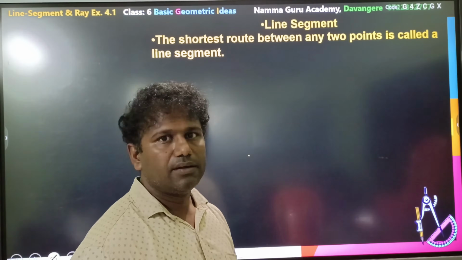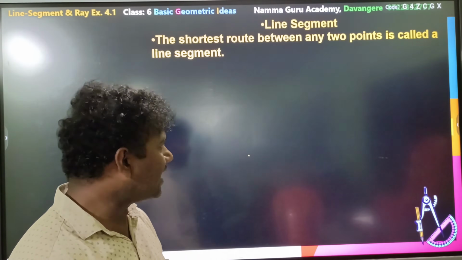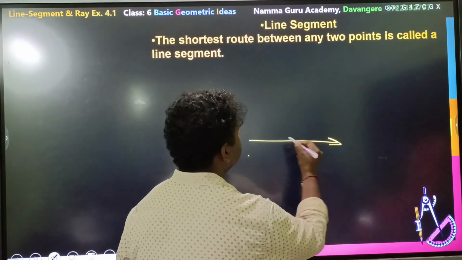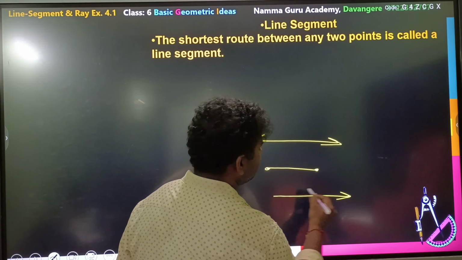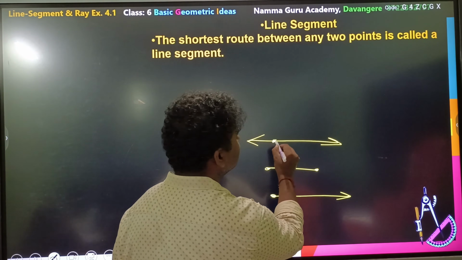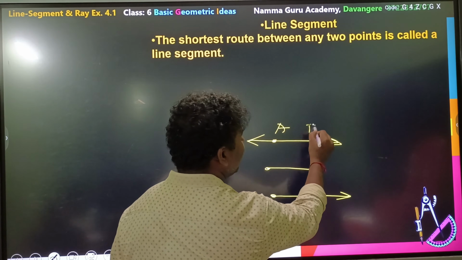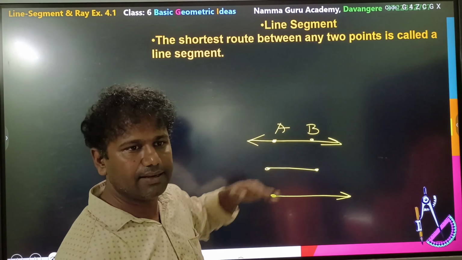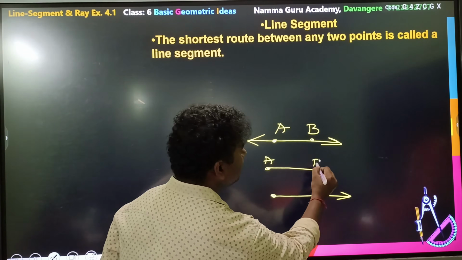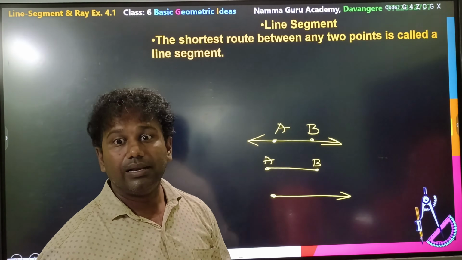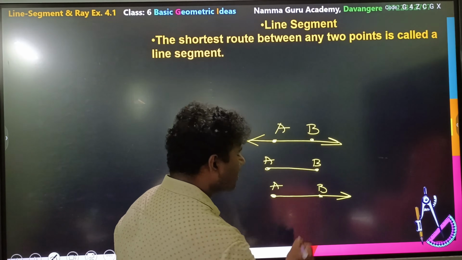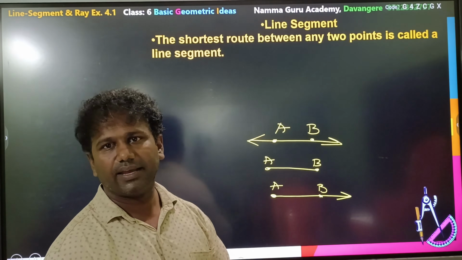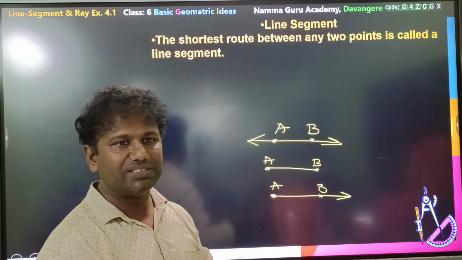It can be understood better if you understand line, line segment and ray, all three simultaneously. This A and B can be written as a line, this A and B as a line segment, and this A and B as a ray. What is the difference?